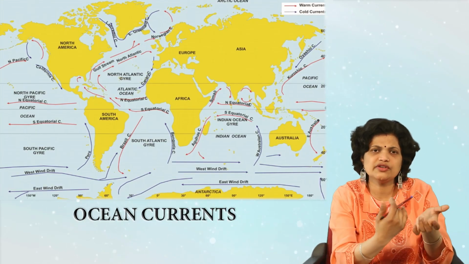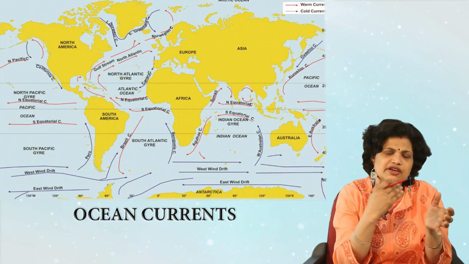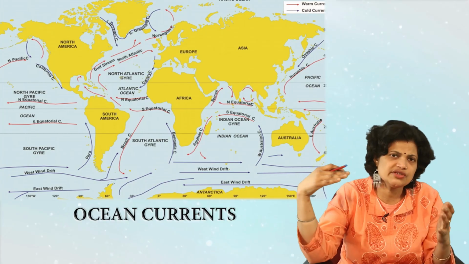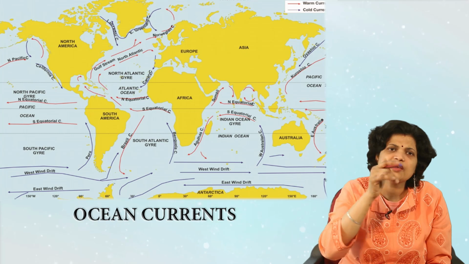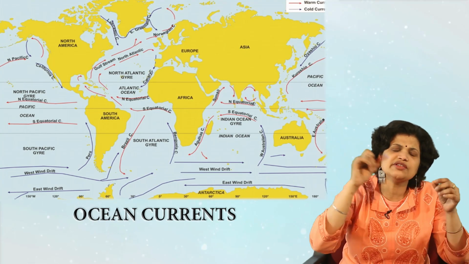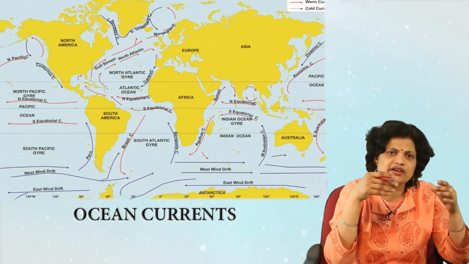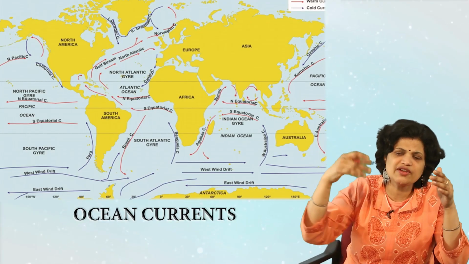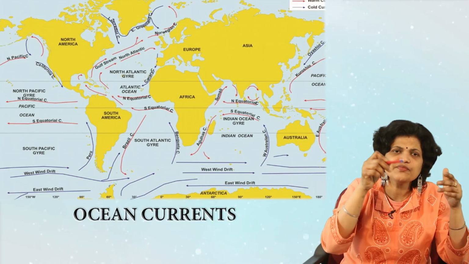Under the action of this Coriolis effect, when the north equatorial warm current reaches the Brazilian coast, it turns northwards and comes as the Gulf Stream along the eastern coast of North America, along Florida and all, and you see it gets deflected to the right, and it also follows the coastal topography.